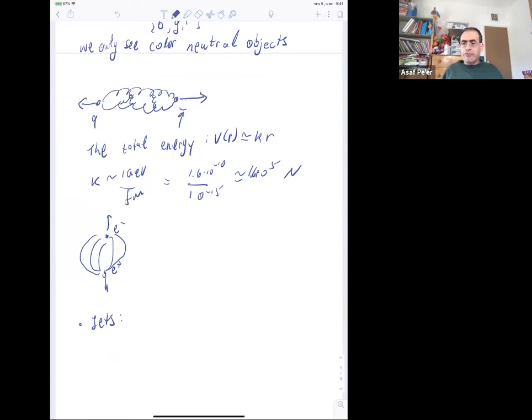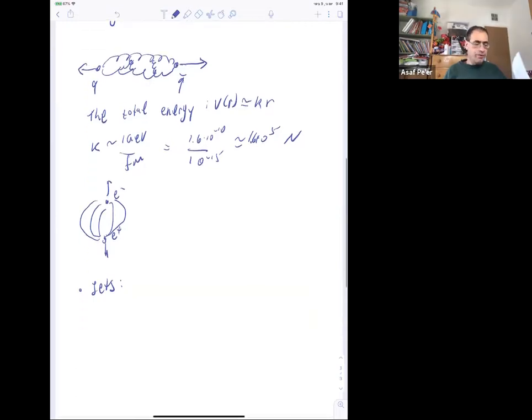So what happens if we try to take away a quark from its friends? Of course, we cannot just push it away. We can kick it, let's say with an electron. We have an electron that interacts with the proton, and so it interacts with one of the quarks in the proton.